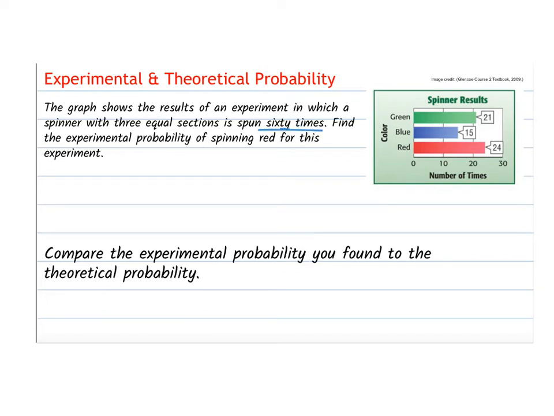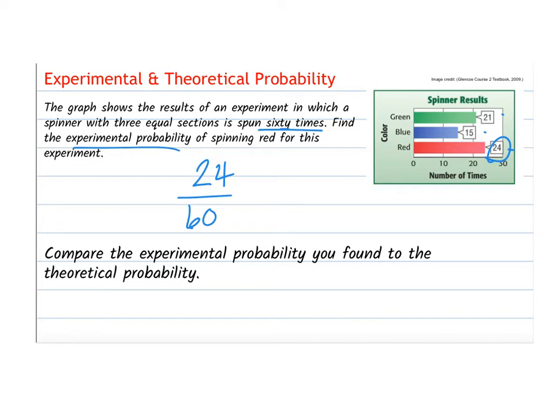And it's telling us that it was spun 60 times. If it didn't tell us that, we could also add up the numbers on here to figure out that it equals 60. And we want to know experimental probability. That's what did happen in the experiment. Well, it shows that we spin a red 24 times out of the 60.